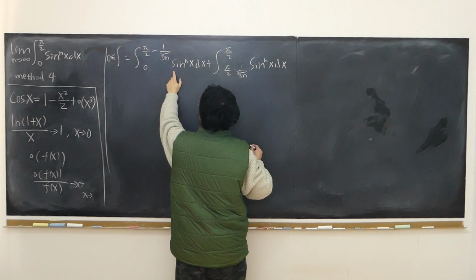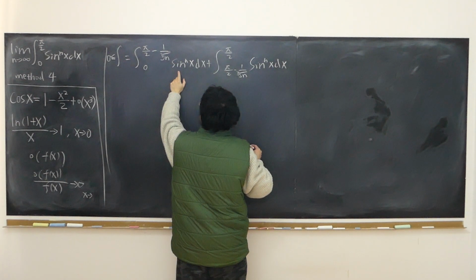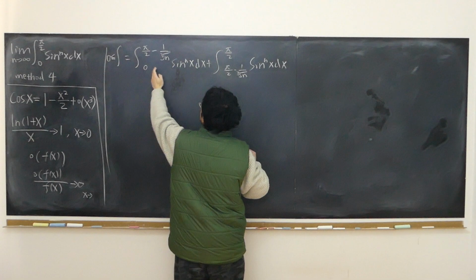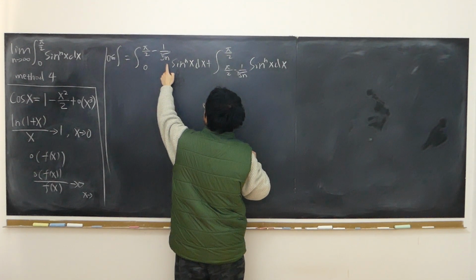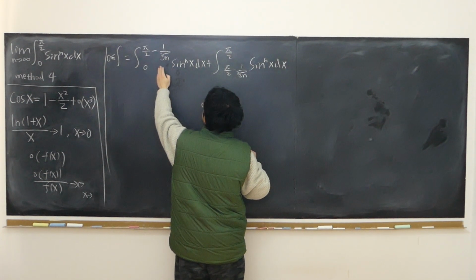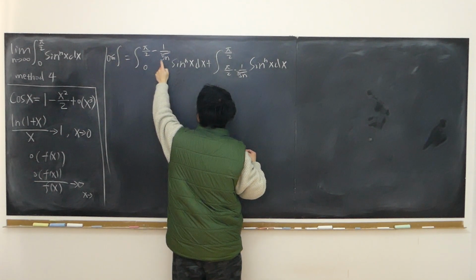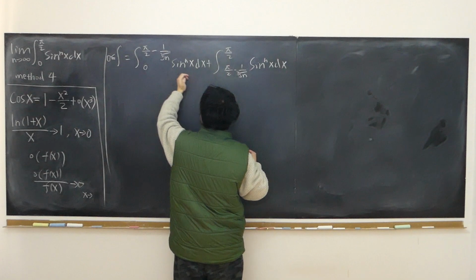Because I know that sine x, as well as sine to the power of n of x, is an increasing function over this interval, and n is some positive integer, I can replace x with the right endpoint and make it larger.